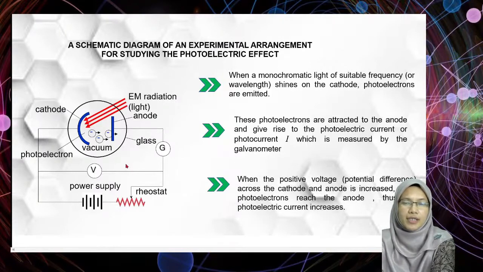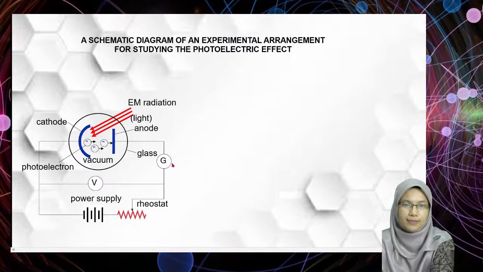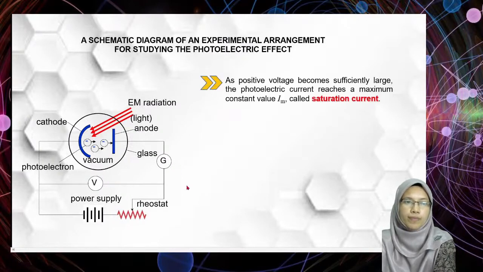When there is an increasing potential difference between cathode and anode, more photoelectrons will be attracted to the anode. Because of that, the photoelectric current will increase. As the positive voltage becomes sufficiently large, the photoelectric current reaches a maximum constant value we call the saturation current, or I_M.